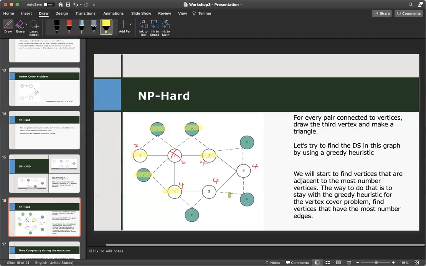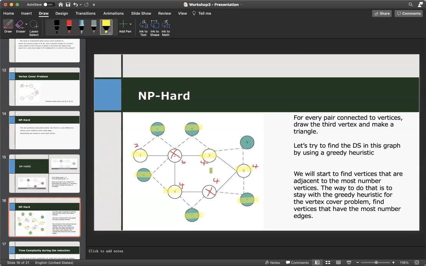The only vertices left are 2 and 4, so it doesn't matter which we choose, it will give me the same result. Therefore, I will choose vertex number 5. Vertex number 5 covers this vertex, dominates this vertex, and dominates this vertex.